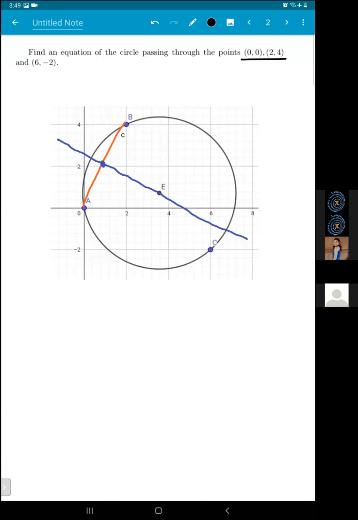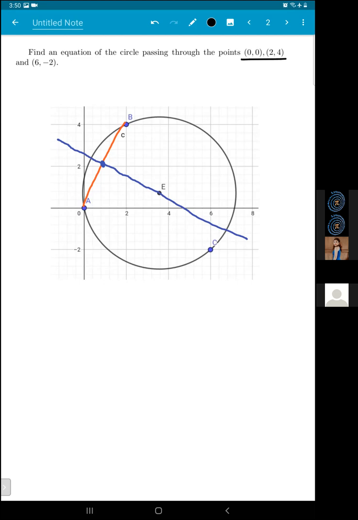So as you may have already seen in the figure just shown a while ago, what else do we need to find the center? Anyone? Do another one. Okay, the perpendicular bisector of any chord of a circle passes through the center of the circle.